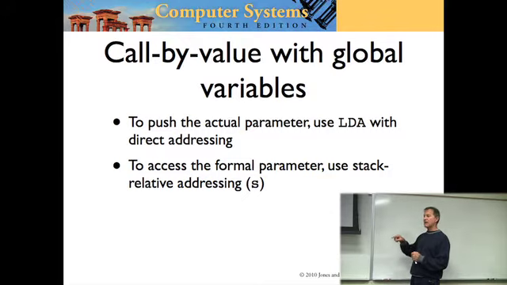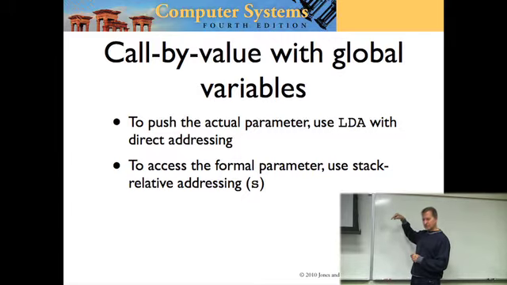And then how does it push that value onto the stack? Remember, stack relative, and remember it has to be like minus. For pushing the parameter. Are you with me? And then, once you're up there in the function, how does the function access it?